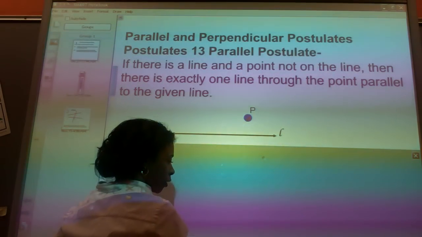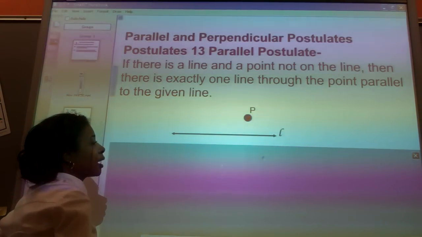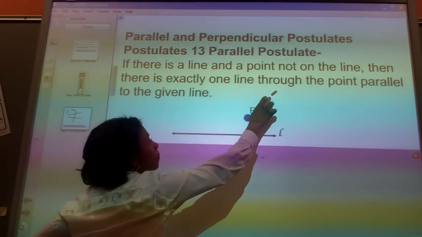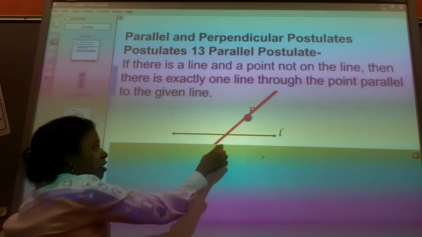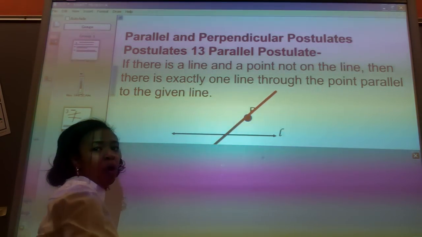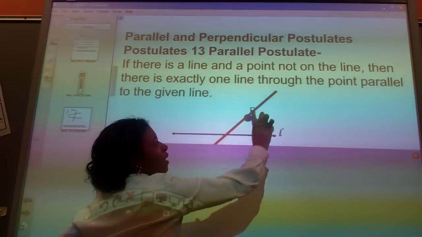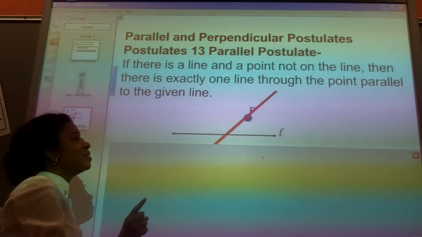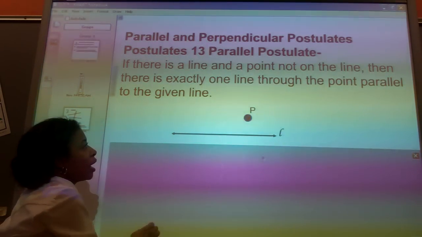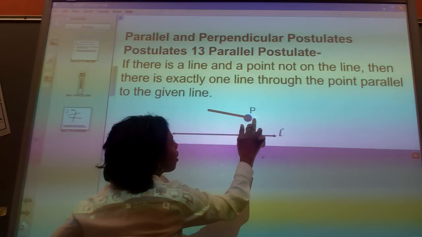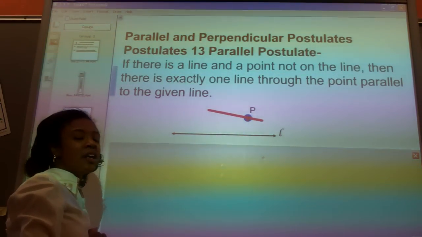For example here, if I have a line and I wanted P to go through it, if it was drawn this way, this is an intersecting point, therefore this new red line that I've drawn is not parallel. That won't work. If I drew it this way here, this would not work either.